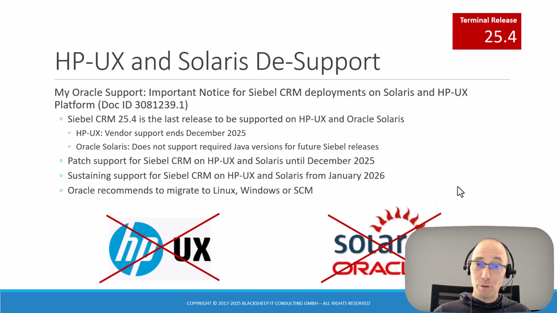Of course, if you want to continue with Siebel, then Oracle strongly recommends to migrate to Linux. Probably Oracle Linux is a good choice here, or Windows, or Siebel Cloud Manager. Use Siebel Cloud Manager to lift and shift the environment off to a Siebel Cloud Manager managed Siebel environment.